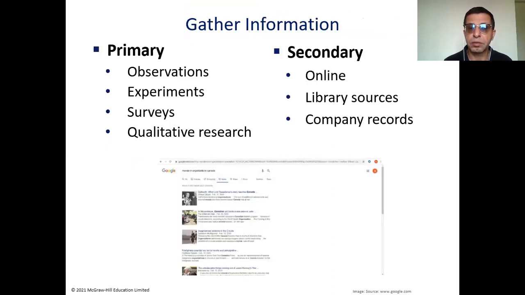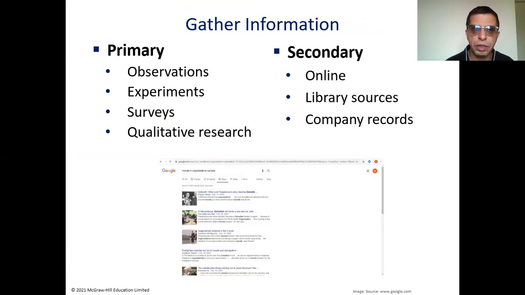Now, to do that, there's another thing to do, which is to gather information. There are two types of information, primary and secondary. Secondary is available, somebody has done it before, and it is cheap. Primary is expensive and has never been done before.